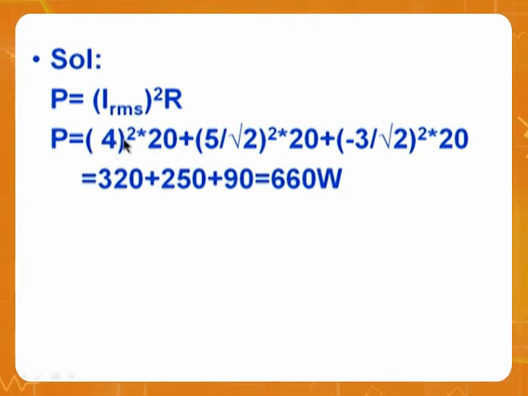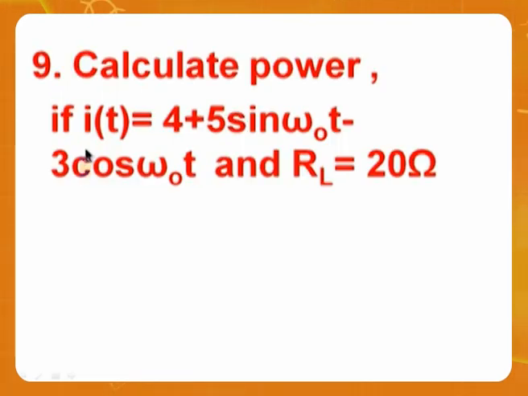So 4 square into 20, plus 5 by root 2 whole square into 20, plus 3 by root 2 whole square into 20. What is this? By root 2 here and by root 2 here, but there is nothing here because this 4 is a DC term. If it is a DC term, please understand, 4 square, you can't take by root 2 anything, because if I take you back to the problem, this is 4.